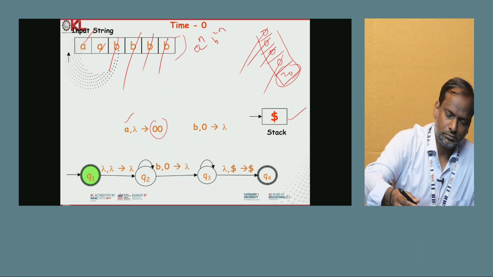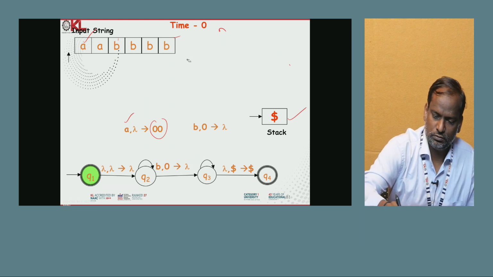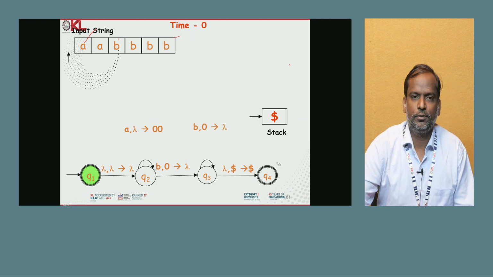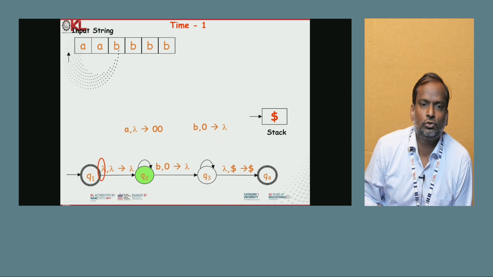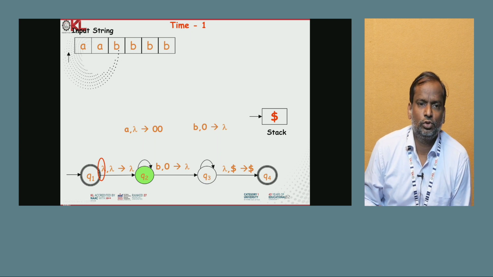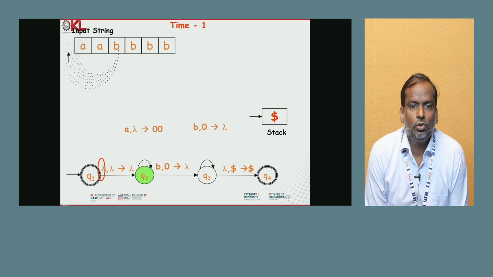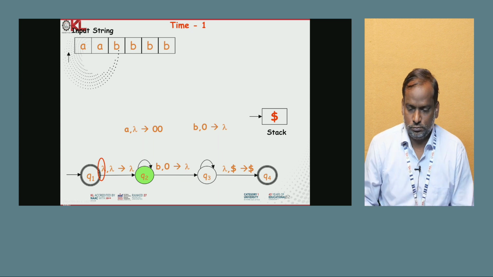So like that we have to design pushdown automata. Now read A, so insert 0 0. We have to take the states q1, q2, q3, q4, with push actions on the first states.